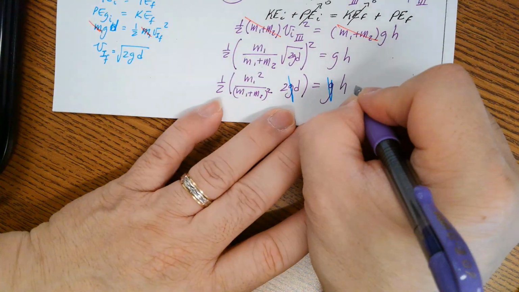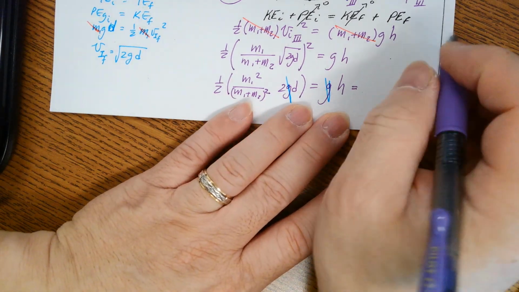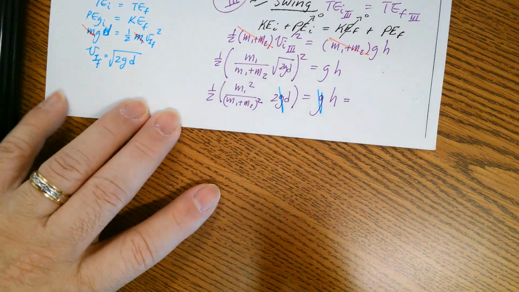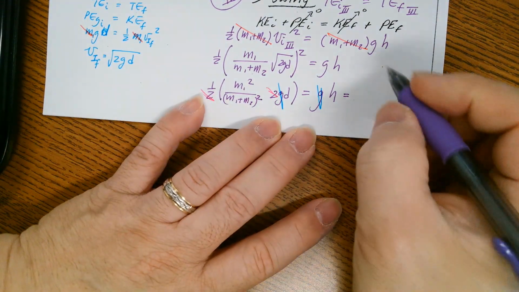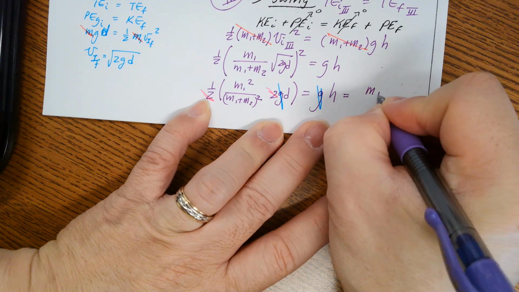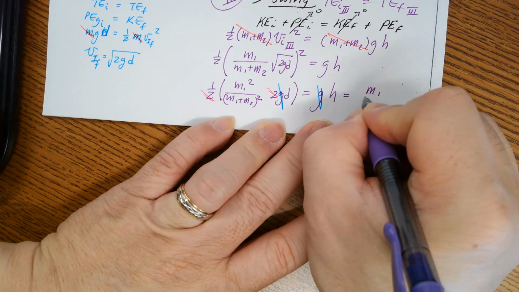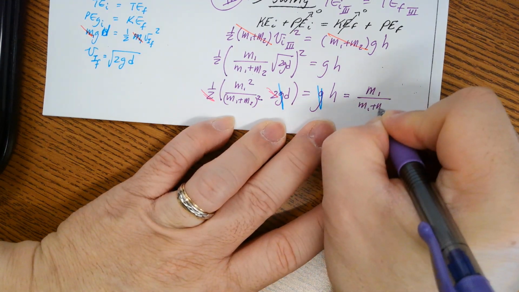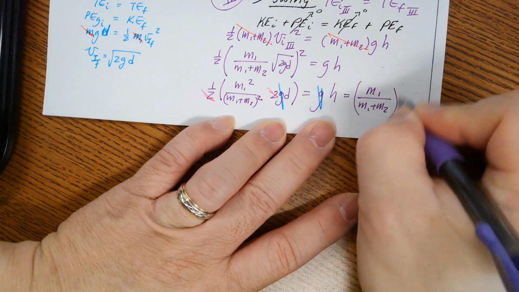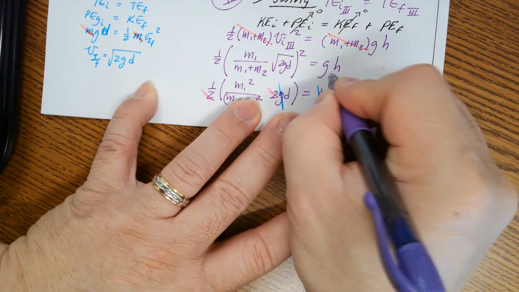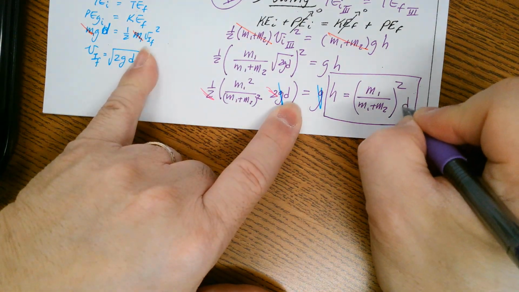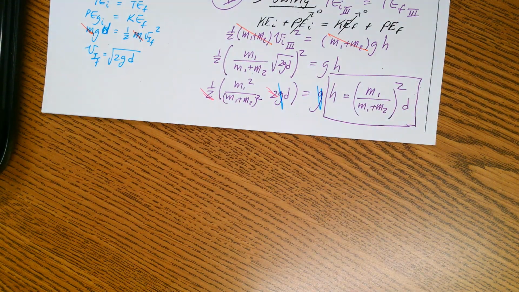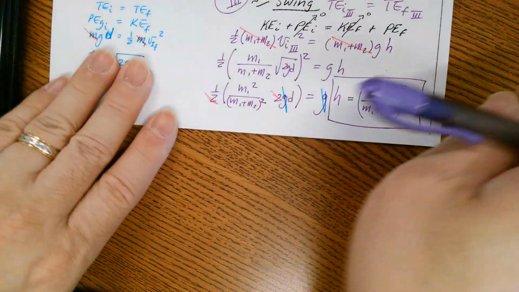So my h is equal to (m1 over m1 plus m2) quantity squared, times d. Whew. All right.